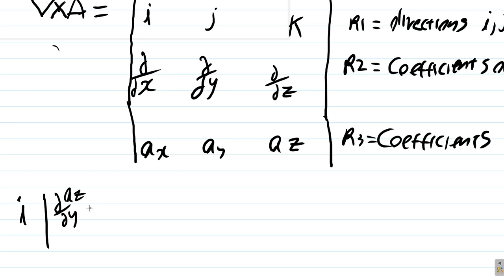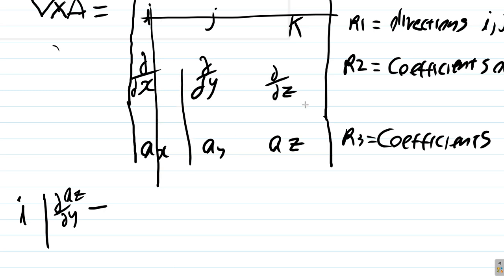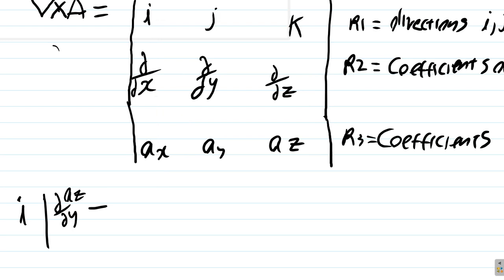You cover the row and column that contains i, and then you find this 2 by 2 determinant within here. So it's i, this times this minus this times this. It's going to be partial of Ay by partial z. And remember the place signs: plus, minus, plus, and so on.